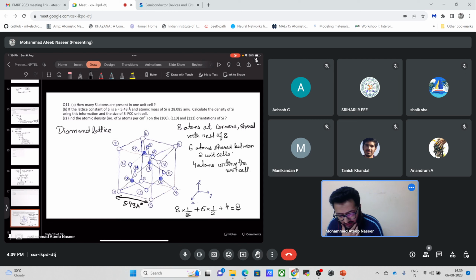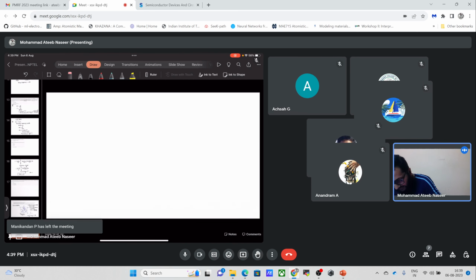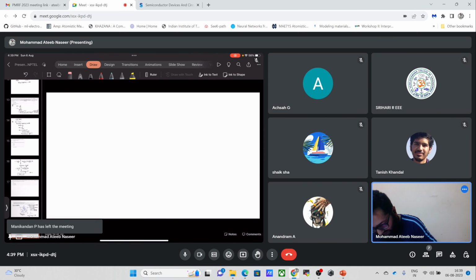So this is the density of silicon that we are going to find in this material. The lattice constant is equal to 5.43 angstroms.